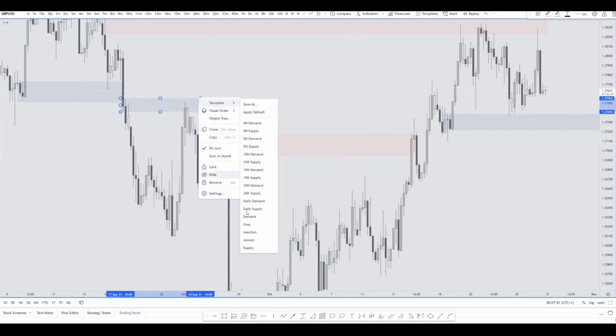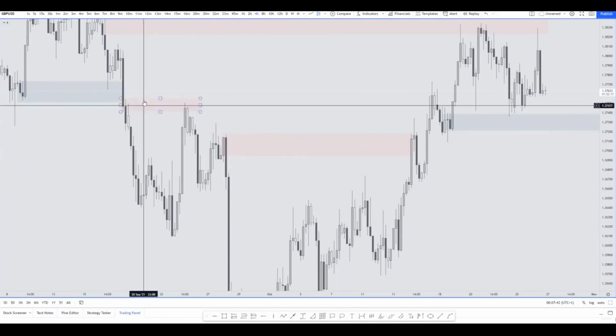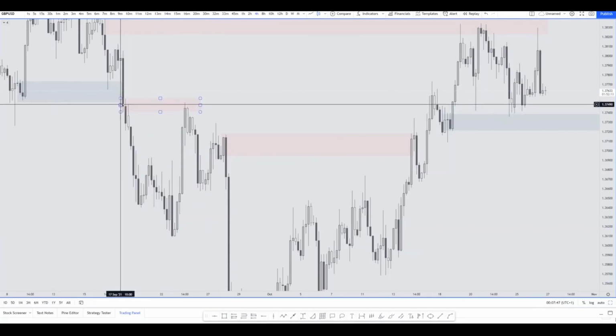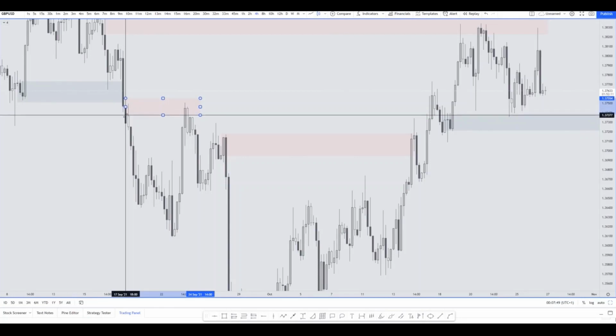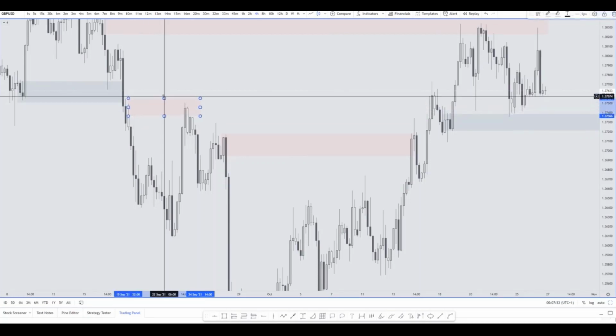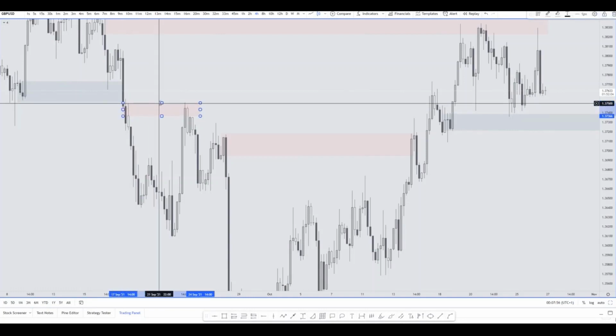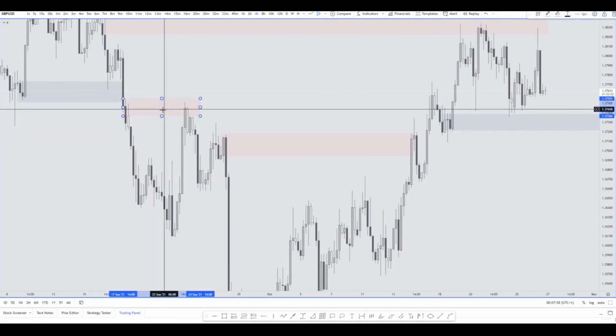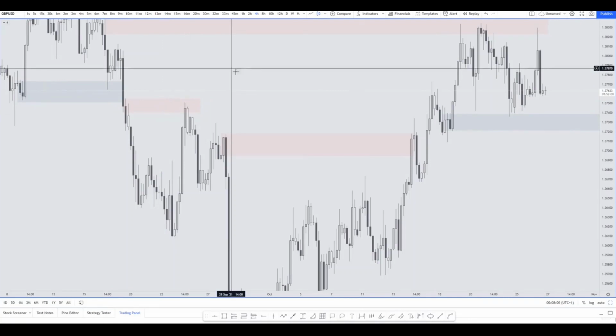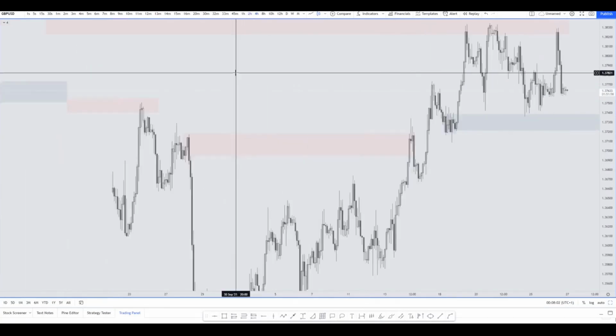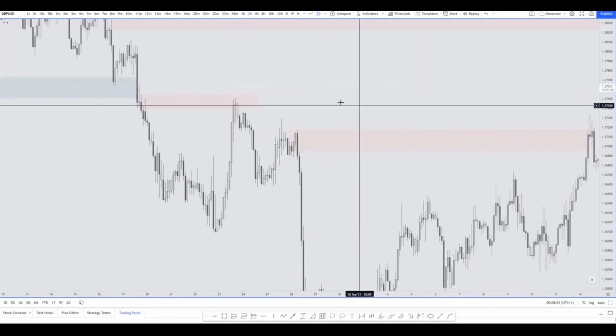I want to mark that as supply. Now we can't really see exactly what it is on the 4 hour. In this case, you could even say the sell to buy wicks have been mitigated and this wick is your prevalent supply zone. But for the purpose of this example, we're just going to leave it on the sell to buy wicks, and let's go down a couple of time frames and see if we can find exactly what it is.